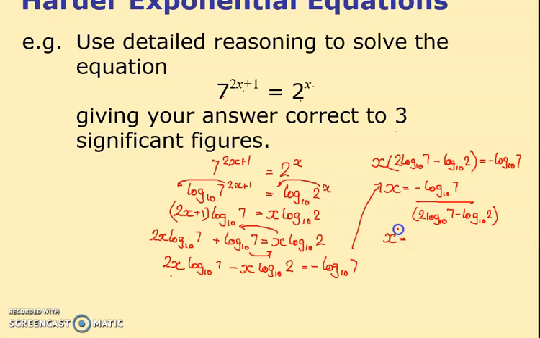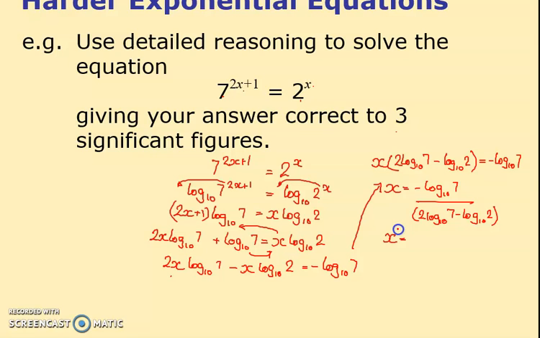Anyway, I'm going to type this into my calculator using my fraction button. So it's negative log to the base 10 of 7 over 2 log to the base 10 of 7, and move out the bracket, but still in the fraction, minus log to the base 10 of 2.